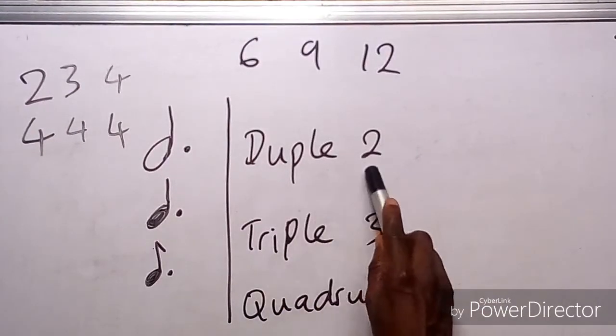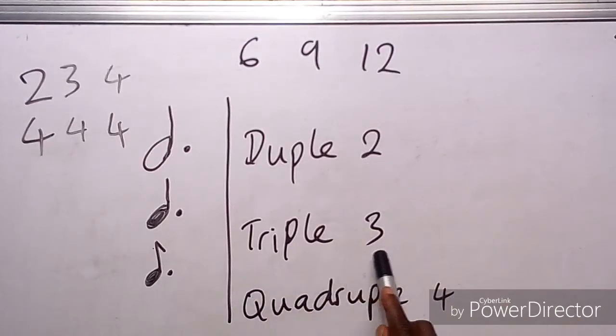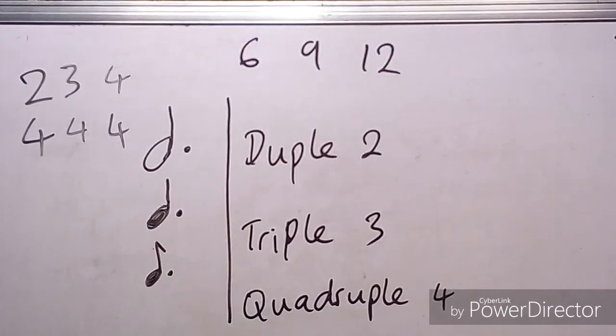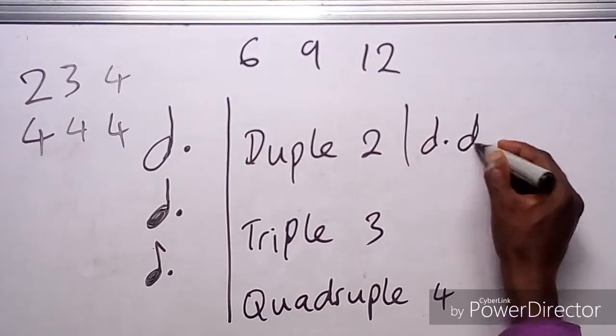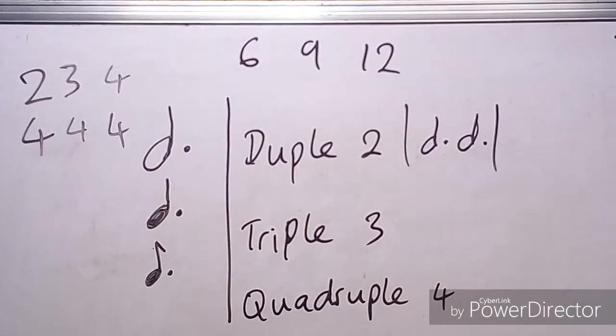So duple means 2 notes in a bar, triple means 3 notes in a bar, while quadruple means 4 notes in a bar. If I have a compound duple time using a dotted minim, it means I'm going to have 2 dotted minims in a bar.